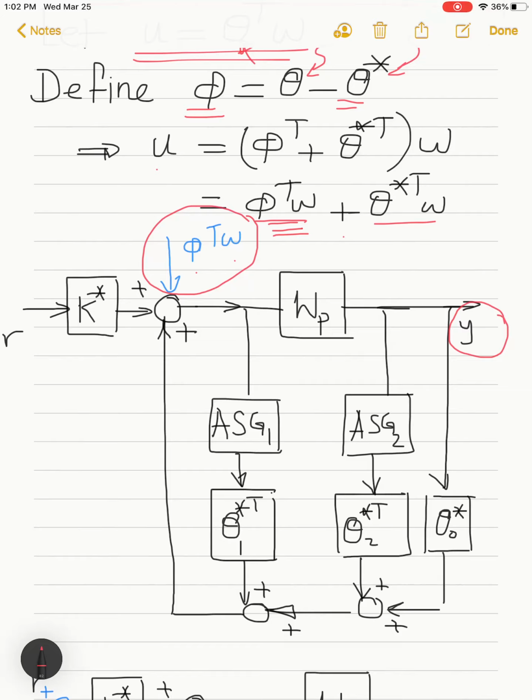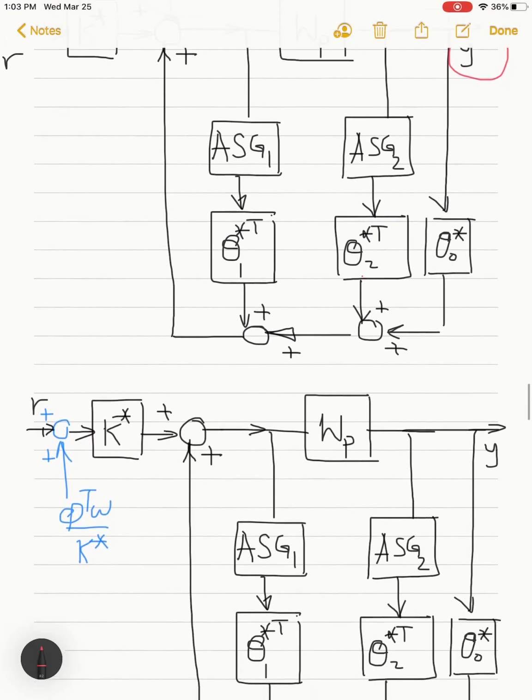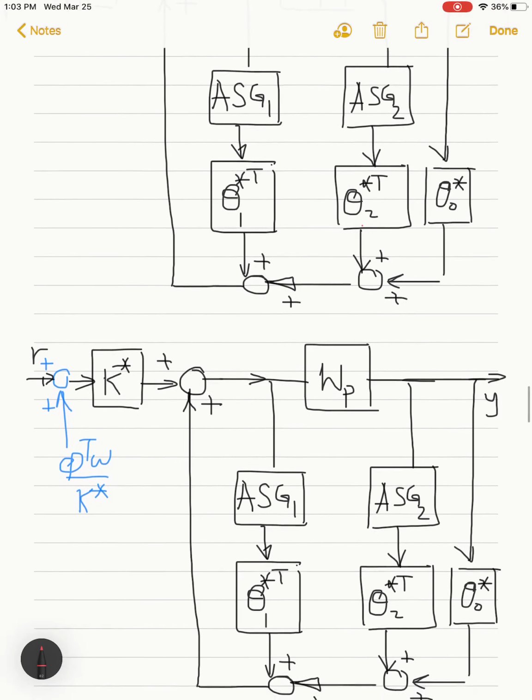However, I'm representing that block diagram in terms of k star, theta 1 star, theta 2 star, and theta naught star. Now what I'm going to do next is to move this signal from its position here to be behind the block k star. If I do that, then I have to actually divide by k star. So the resulting block diagram would be like this.